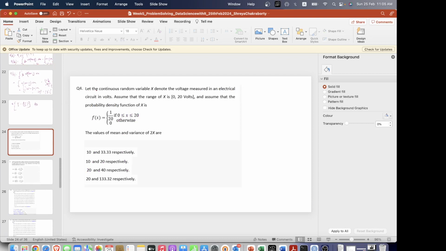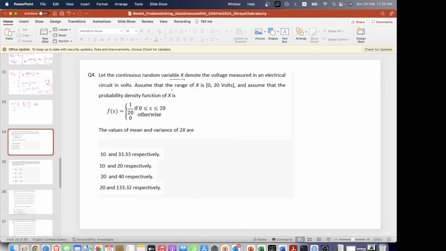So the question is, we have a continuous random variable, and the range of x is 0 to 20, this is the PDF. Find the values of mean and variance of 2x. Now here your y is 2x. So expectation of y would be 2 into expectation of x. How would you calculate expectation of x?